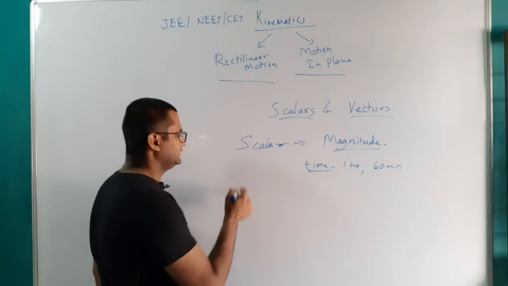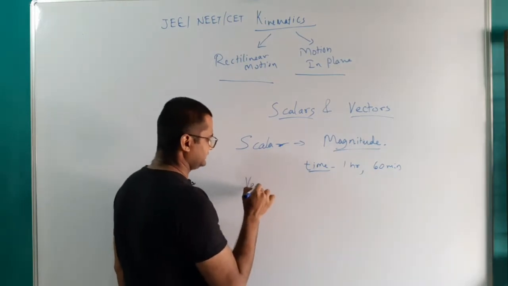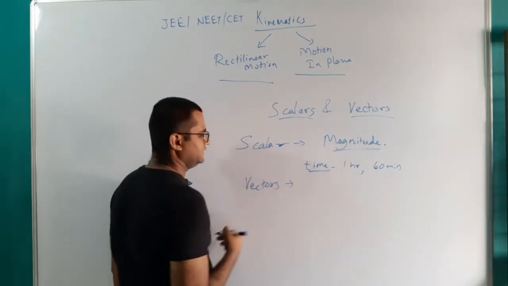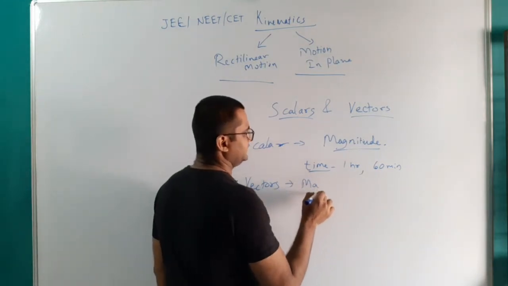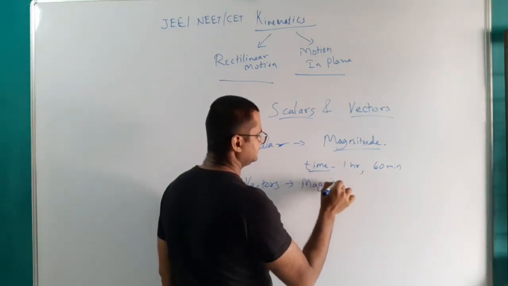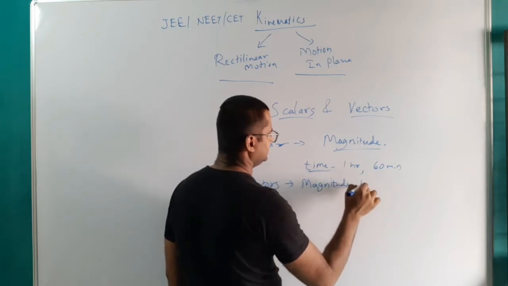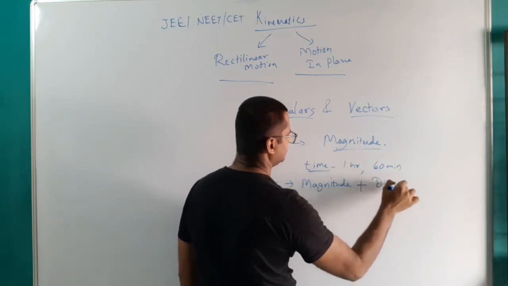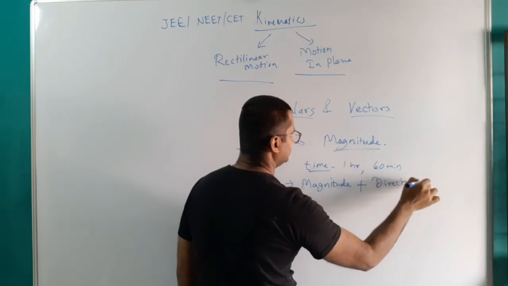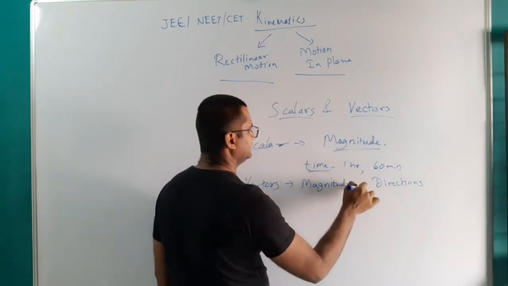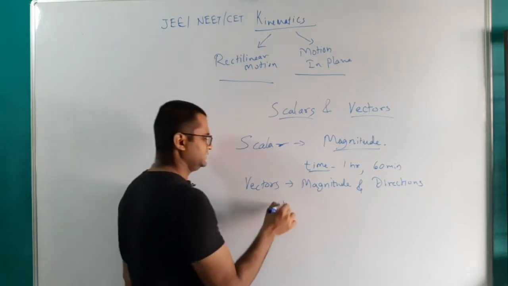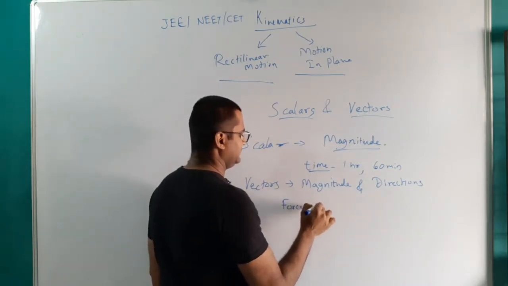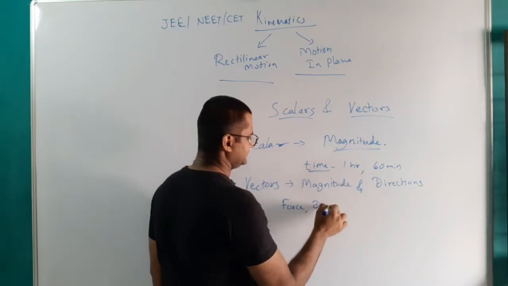There are other kinds of quantities in physics, which are vectors, and vectors are quantities which include magnitude as well as direction. Magnitude is required and direction is also required to specify this quantity. Examples are force and displacement. There are many examples.